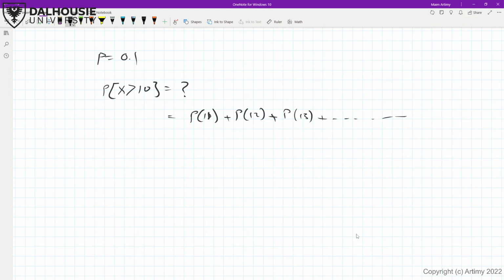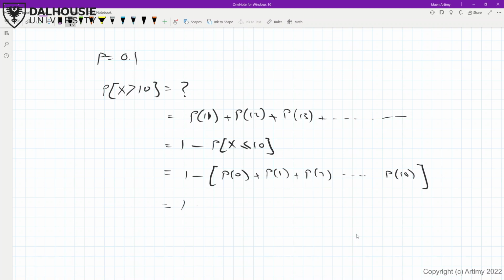So the opposite, what I can do is find the probability of X less than or equal to 10. That's more reasonable. So I can find the probability of P0, P1, P2, and so on, up to P10.